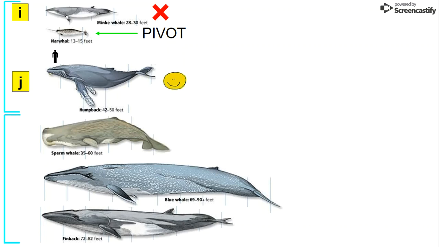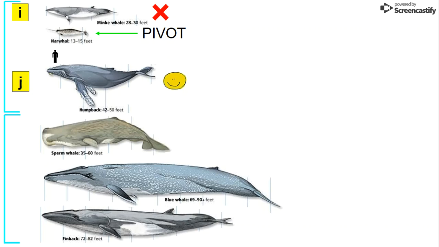So as you can see here, we have one subarray containing the minke whale, narwhal, human, and humpback, and we have one subarray containing the sperm whale, blue whale, and finback. And essentially, all we need to do now is do the same thing we did before, but on each of the subarrays, right?